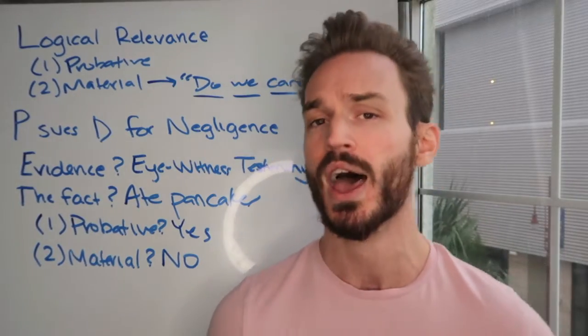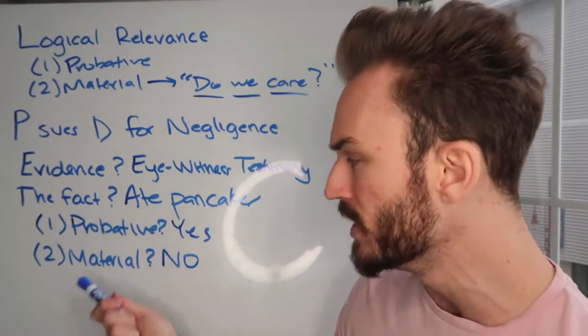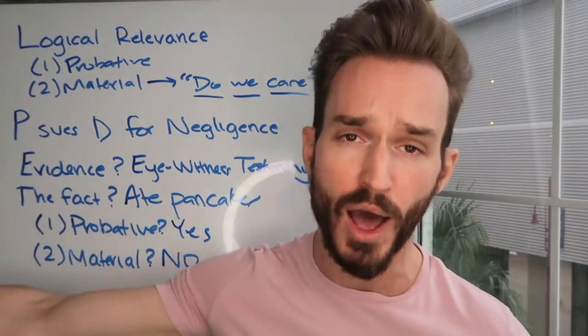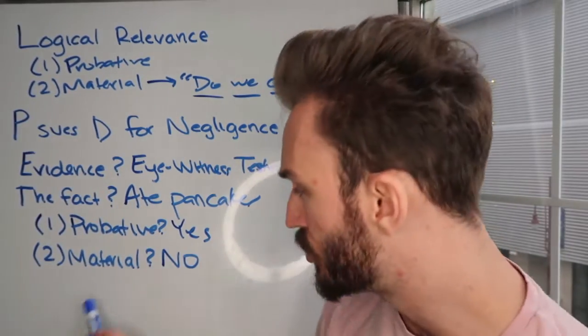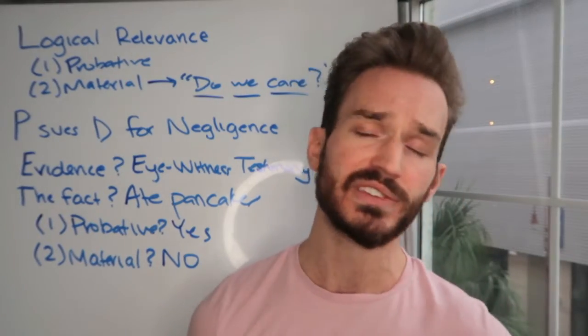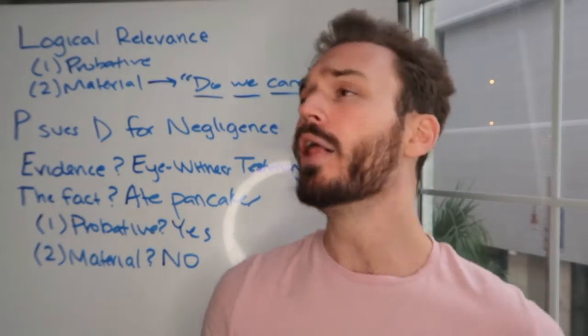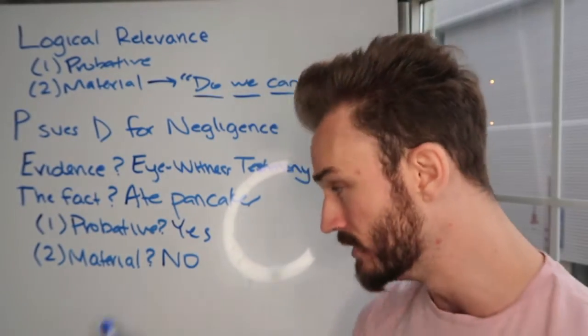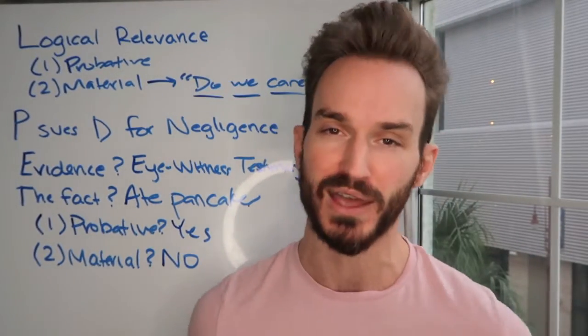The credibility of a witness is always material, right? That is going to be of consequence in determining the outcome of the action. How much credit we give this witness. So if he's got some bizarre allergy that makes him colorblind if he eats pancakes, then it's extremely material if he ate pancakes that morning.